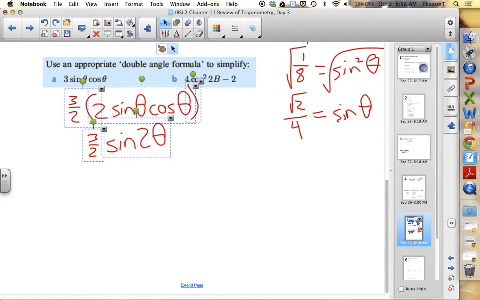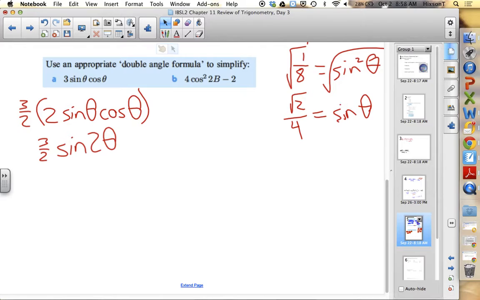Any questions about what we did here? All right, last one. But where is the second part? It's supposed to be a 2 sine cosine times sine over sine cosine. What do you mean? Like at the beginning, we wrote the sine times cosine in parentheses, and then 2 sine times cosine.